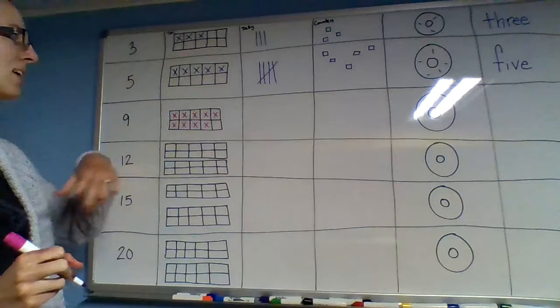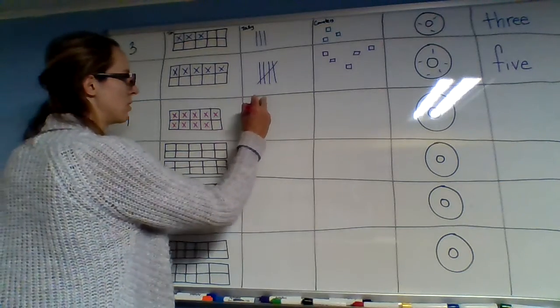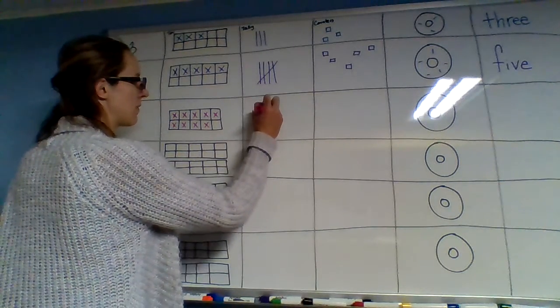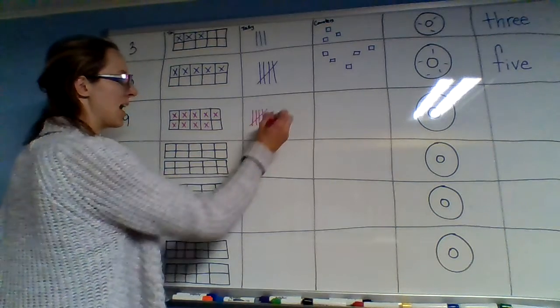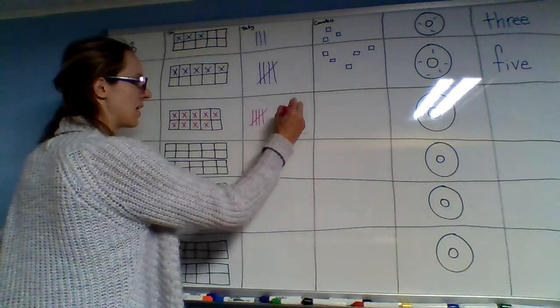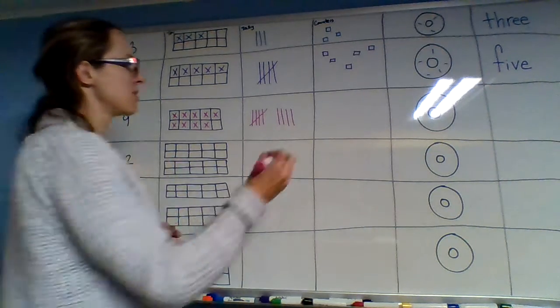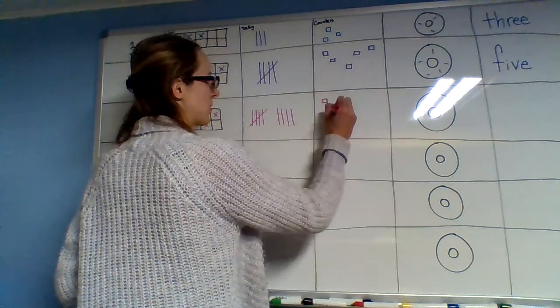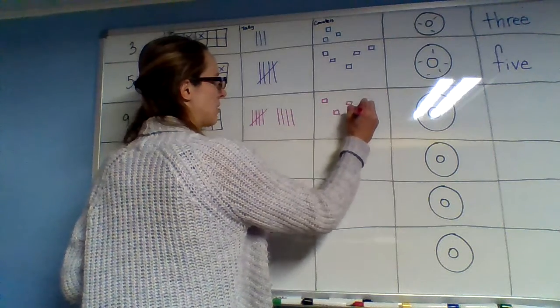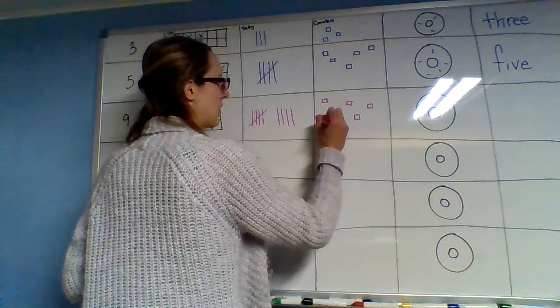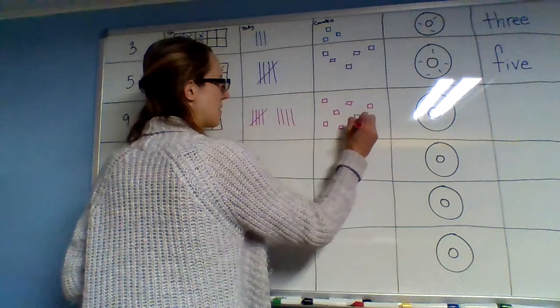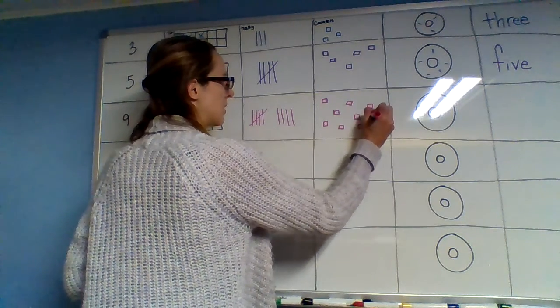When I do my tallies, I'm going to start with 5. 1, 2, 3, 4, 5. And then I'm going to count on 6, 7, 8, 9. 9 is still less than 10, so my counters will all still be separate.